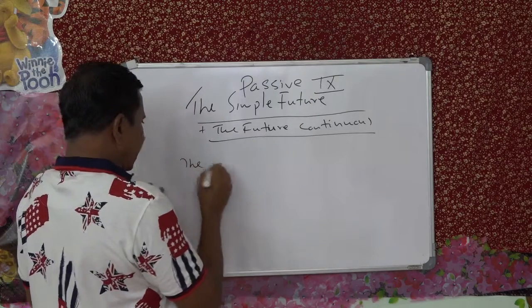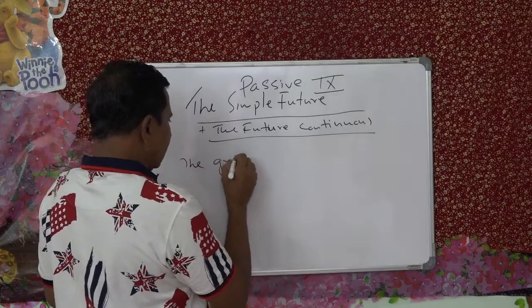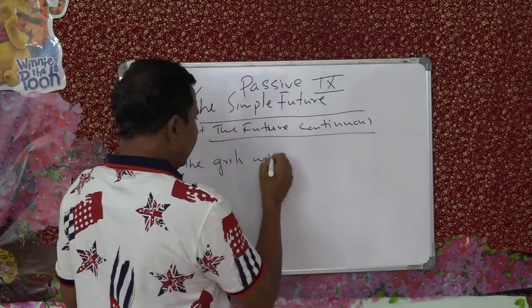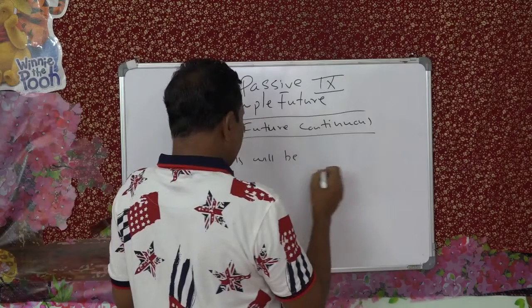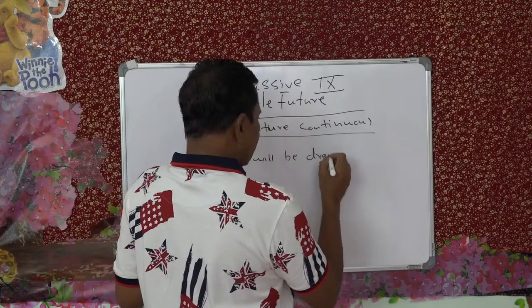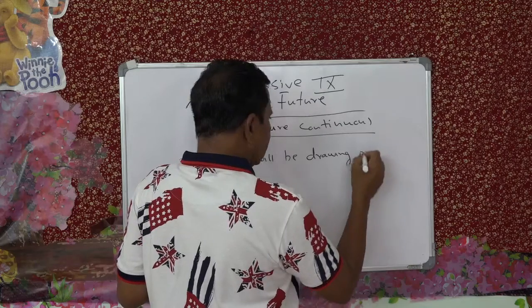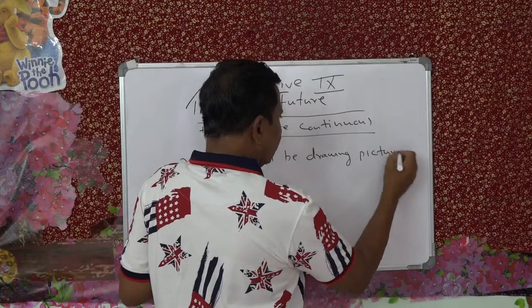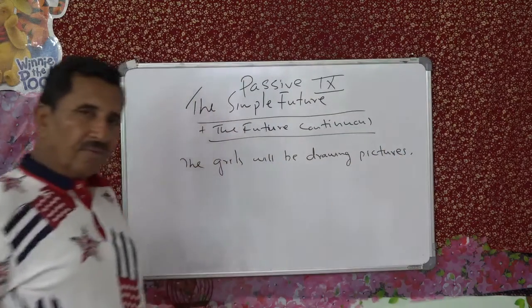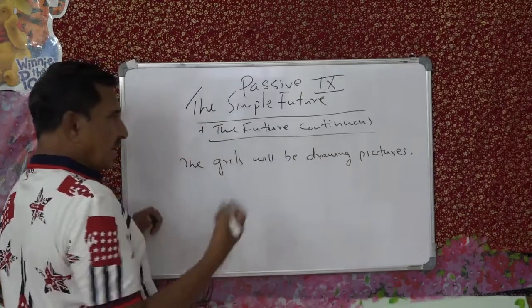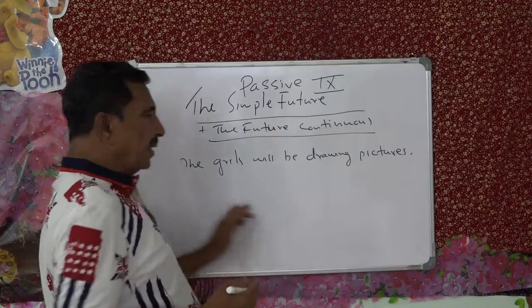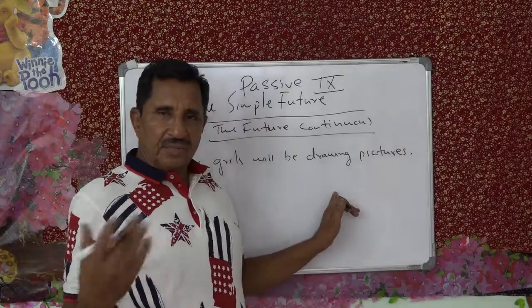The girls will be drawing pictures. That's a new sentence, so you won't get bored. Then what will we do? You have to add being. Continuous tense means we have to add being.